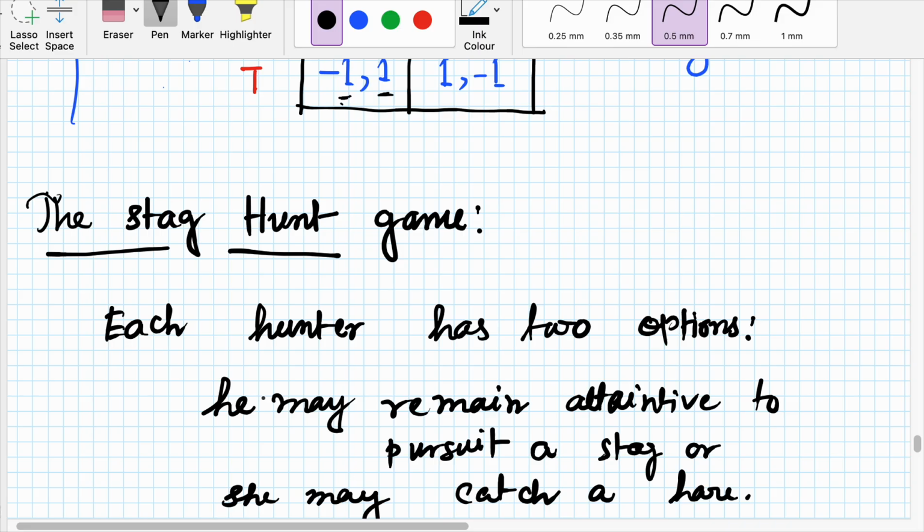Another option is that one individual can choose, by not paying that much attention to catching the stag, to go individually to hunt a hare. Then that individual will get the hare, but the individuals who are trying to catch the stag cannot, because stag hunting requires everyone's attention.